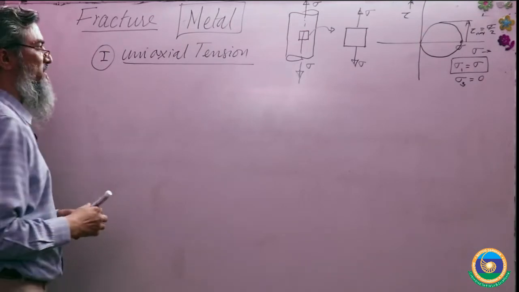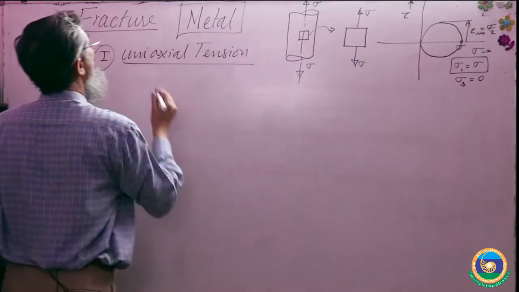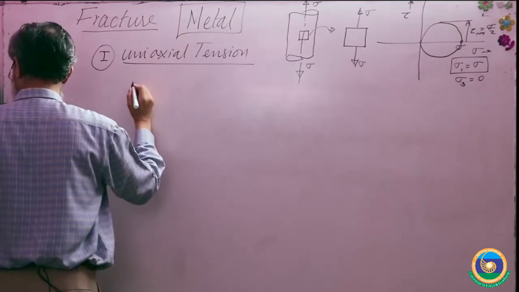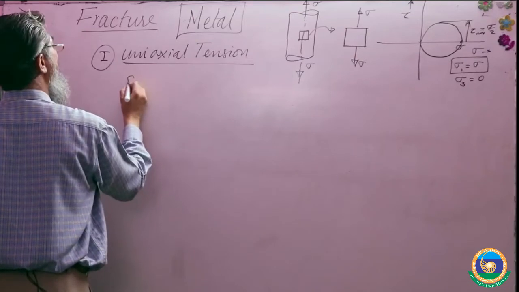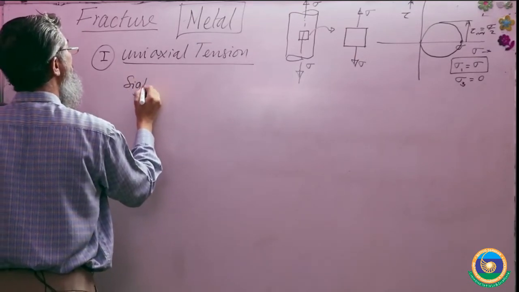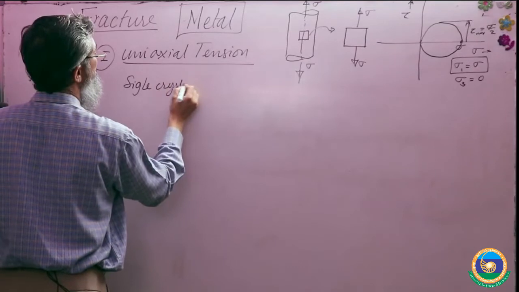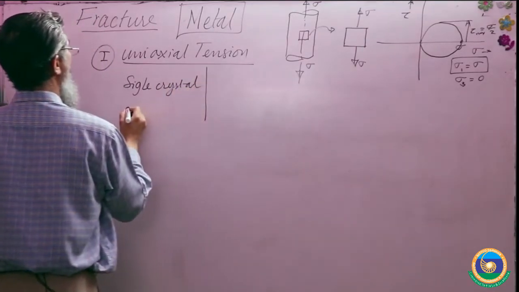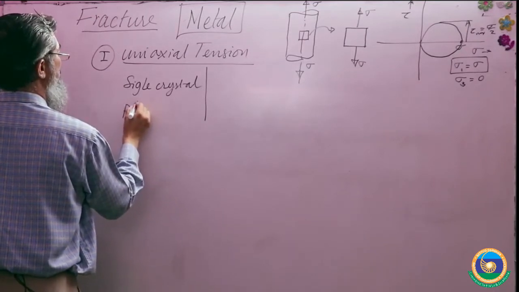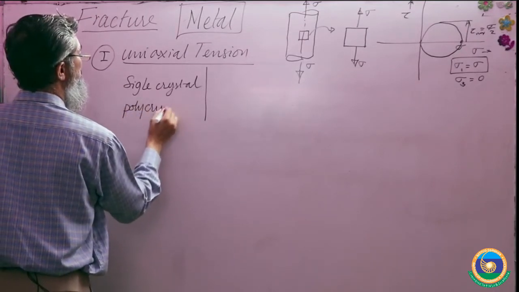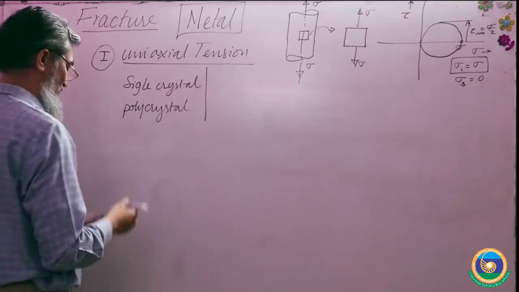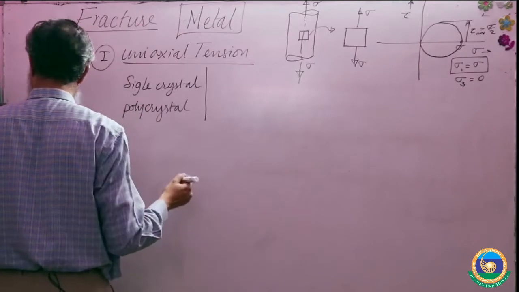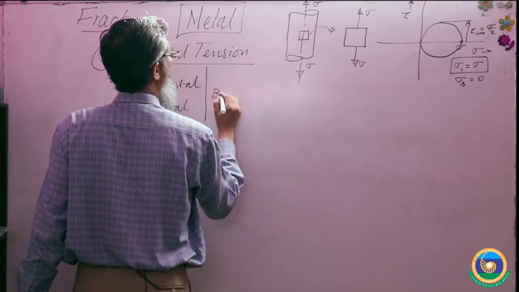So in my ductile material, usually there are two kinds of materials, right? First I will take single crystal, and there is another which is polycrystal, right? If you take single crystal or polycrystals, first I will take brittle fracture.